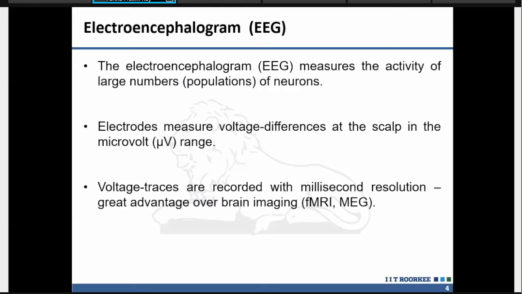So what is EEG? EEG, electroencephalogram, as I said, measures the activity of a large number of neurons in the brain.